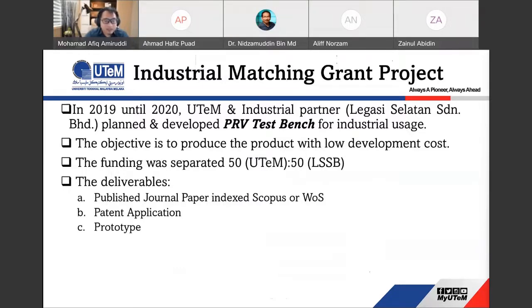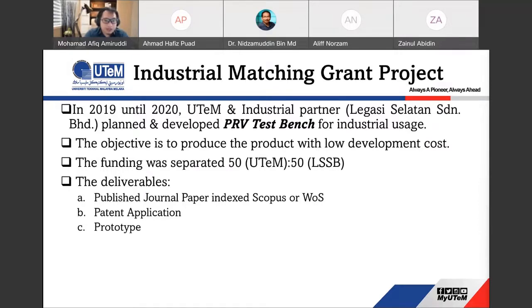I think we have a lot of competitors in Malaysia, but for a properly designed PRV test bench, like a German brand, I don't see any competitor in Malaysia. That's why we want to be a pioneer for PRV test bench development in Malaysia.